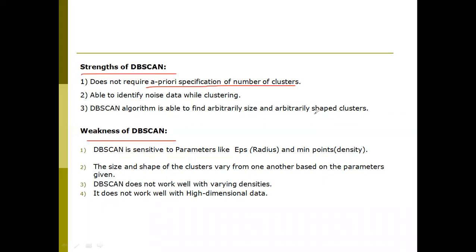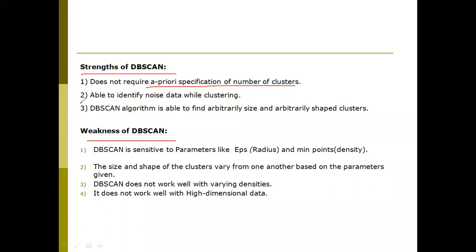But with k-means clustering, you need to say how many clusters you want right at the start. But here there is no need for such a specification.